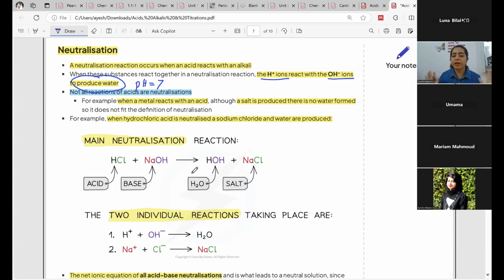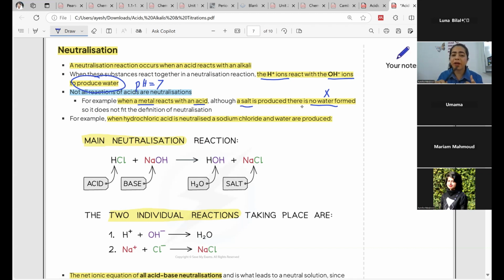So whenever acid and alkali mix, it is going to give you a neutral solution. But not all the reactions are neutral. One of the examples we did was the metal with acid. A simple metal is not a base or alkali. When a simple metal was reacting with acid, it was producing a salt, but not water. So in that case, it was not a neutral reaction.